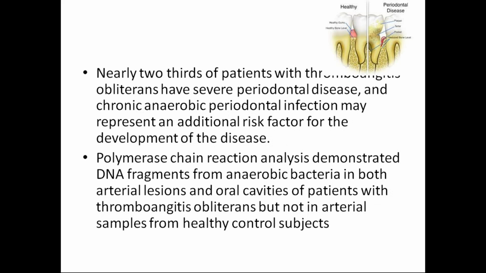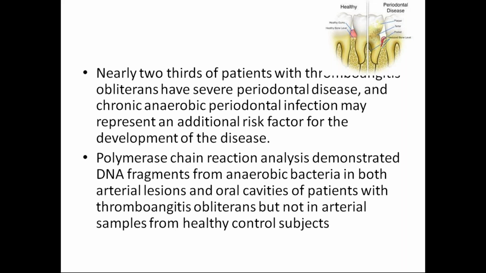The majority of the patients usually have very poor oral hygiene, and chronic periodontal anaerobic bacterial infections are also expected to be an additional risk factor for the progression or development of the disease.